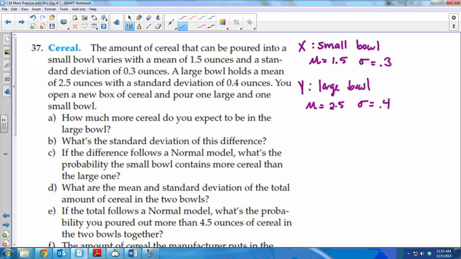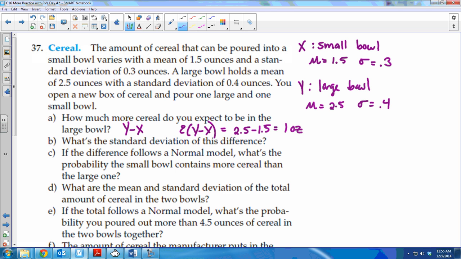We're going to do Y minus X. So for the expected value, we have 2.5 minus 1.5, which is just 1 ounce. We'd expect a large bowl to have an extra ounce of cereal. Does that make sense? You could have done that without me having to teach anything about continuous random variables.